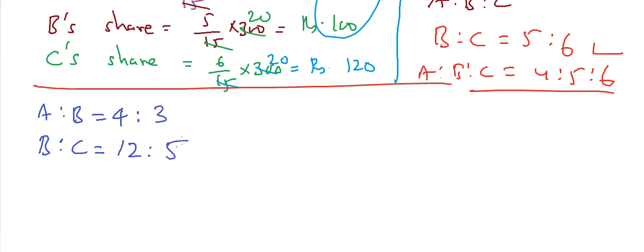So now how to find A is to B is to C? This is given, we need to find A is to B is to C.